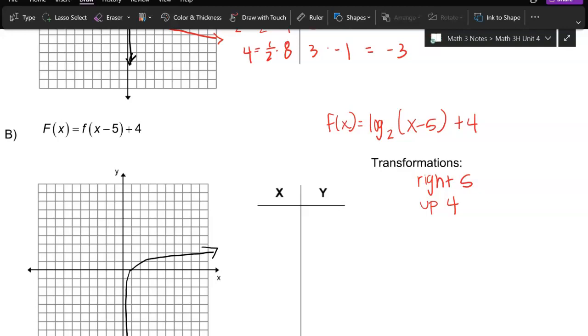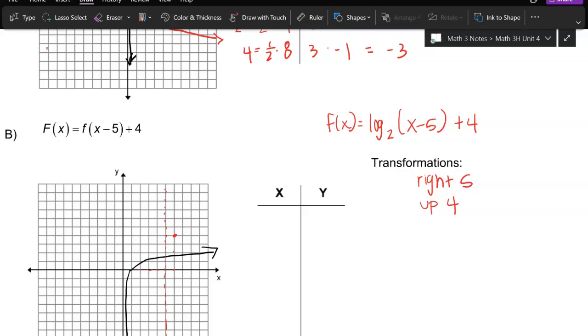So the right 5, that's our new asymptote there. So we won't be crossing that line, and then up 4. So we should have a point kind of central to that point there. It's kind of like our 0, 1 point that we're moving to the right 5 and then up 4.